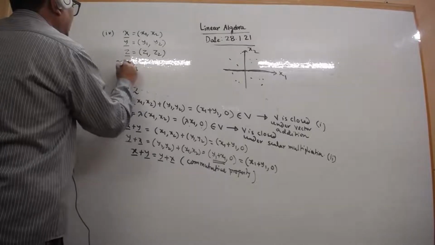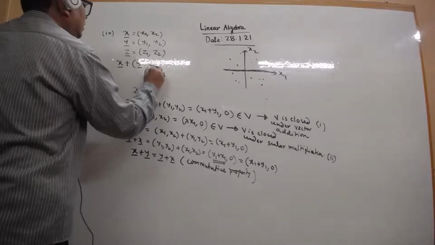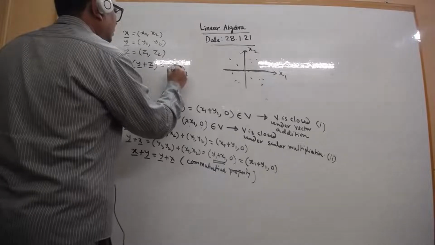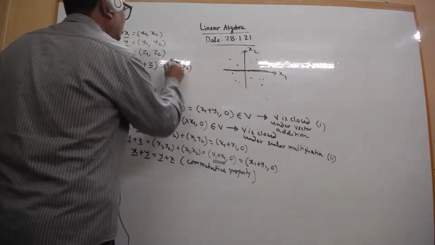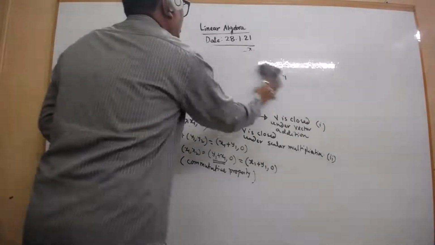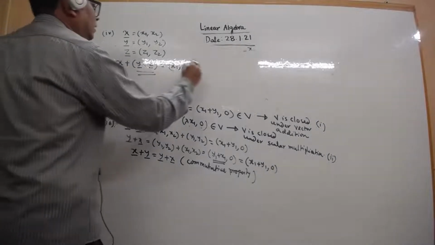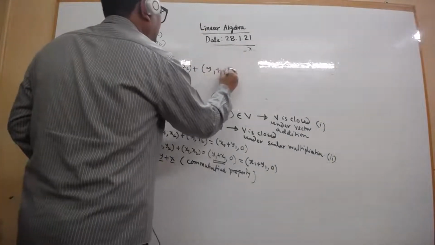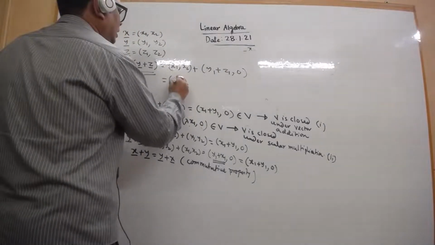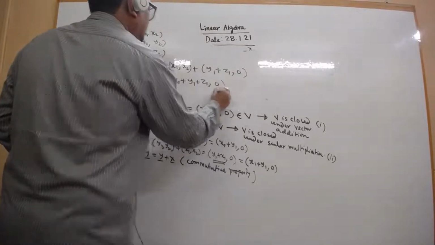Then x curl plus y curl plus z curl: first you add these two parts, which gives (y1 plus z1, 0), then (x1 plus y1 plus z1, 0).